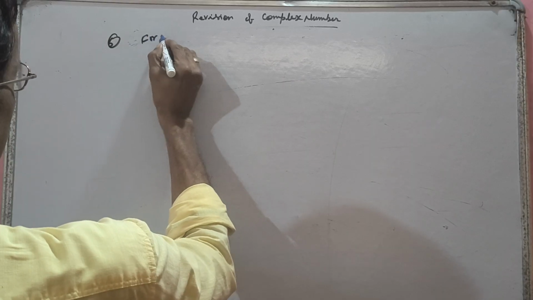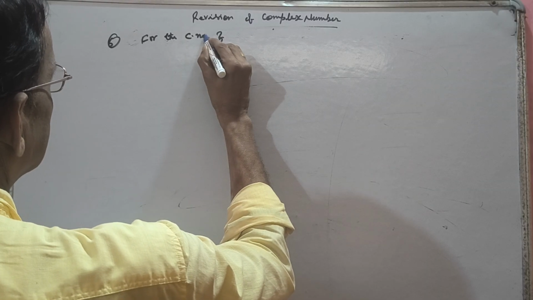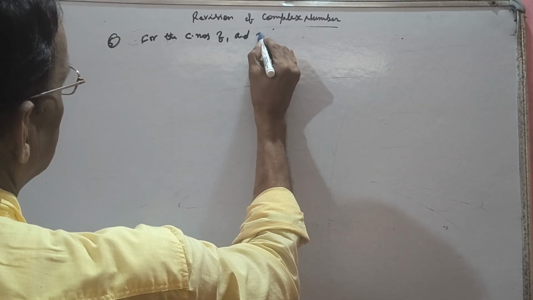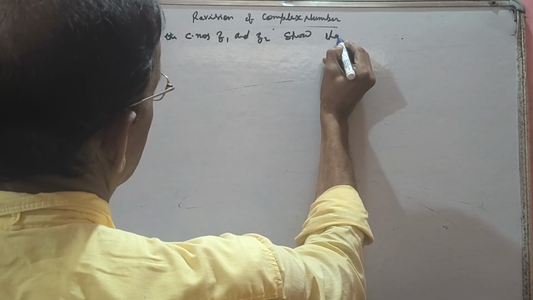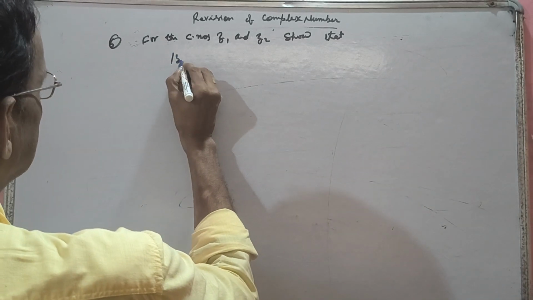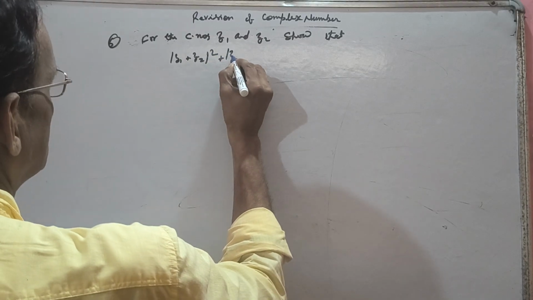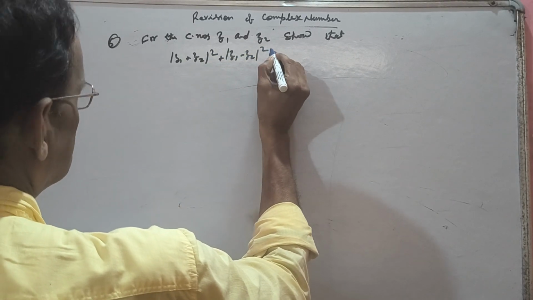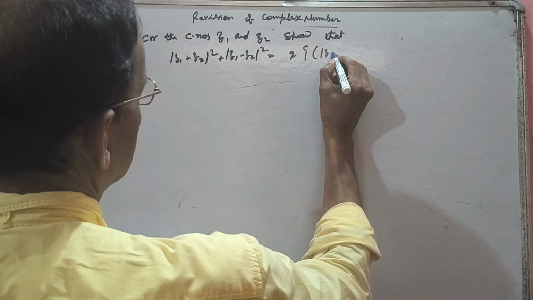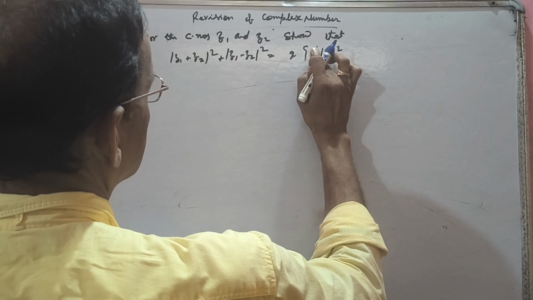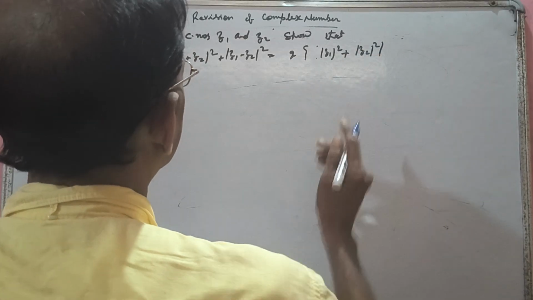For the complex numbers Z1 and Z2, we need to show that modulus (Z1 plus Z2) whole square plus modulus (Z1 minus Z2) whole square is equal to 2 into (modulus Z1 square plus modulus Z2 square). Very important property of modulus, okay?